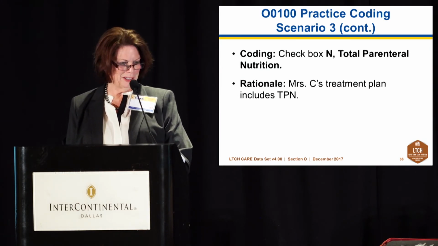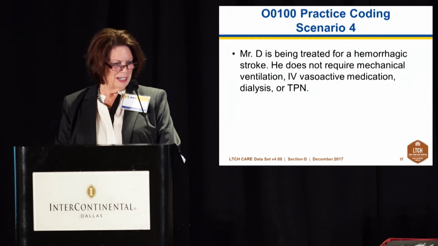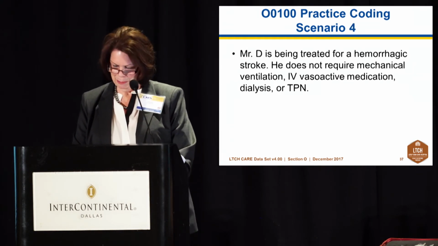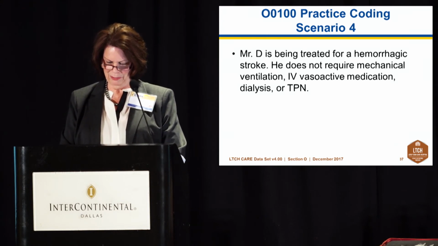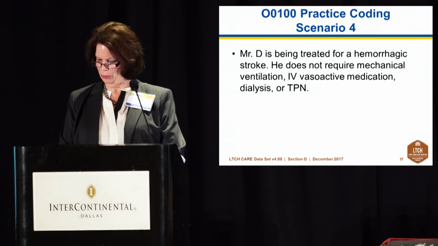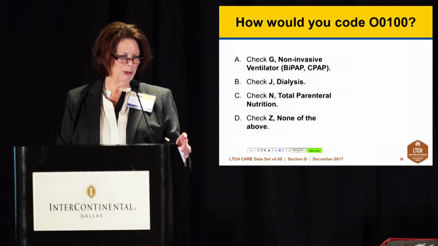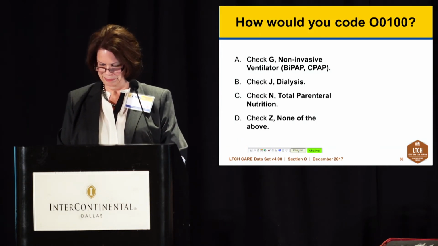Okay, one more scenario in this area. Mr. D is being treated for a hemorrhagic stroke. He does not require mechanical ventilation, IV vasoactive medications, dialysis, or TPN. How would you code this scenario?